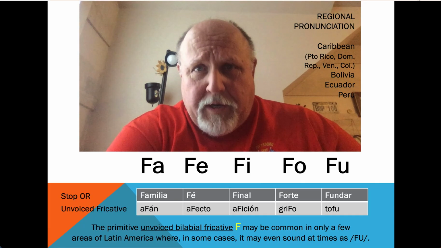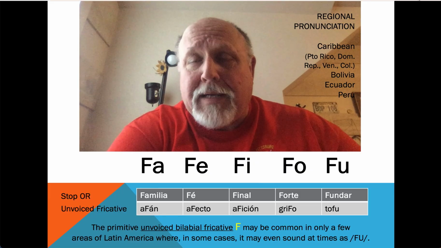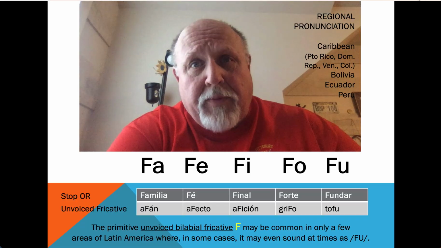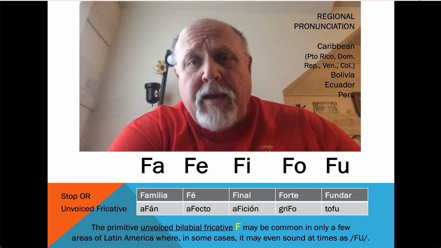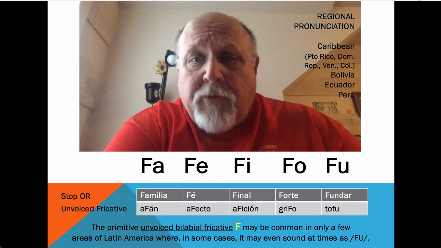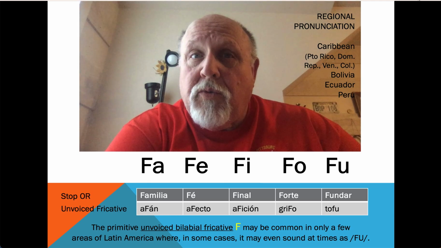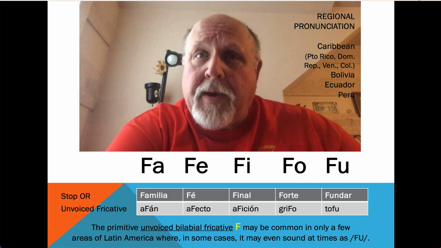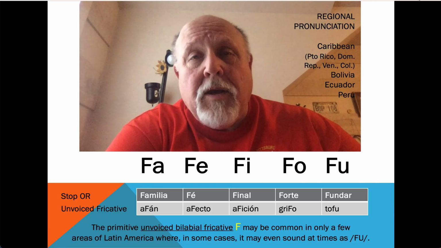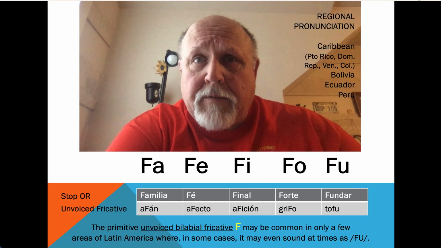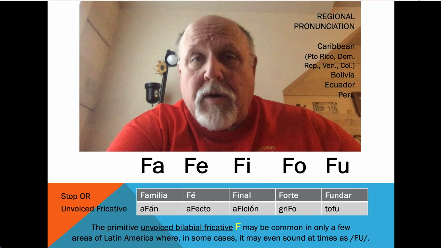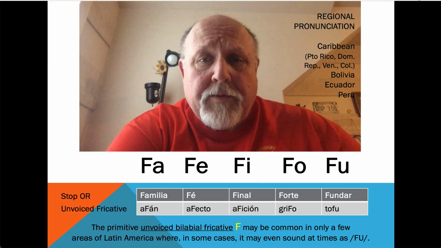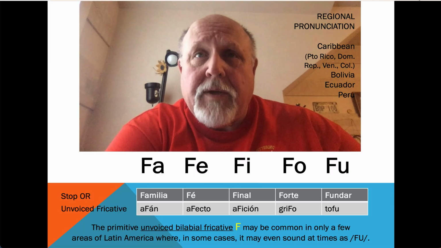But as we go through here, if we repronounce these with that added possibility: fa, fe, fi, fo, fu. Familia, fe, final, forte, fundar. Or if it's in the middle of the word: afán, afecto, afición, grifo, tofu.